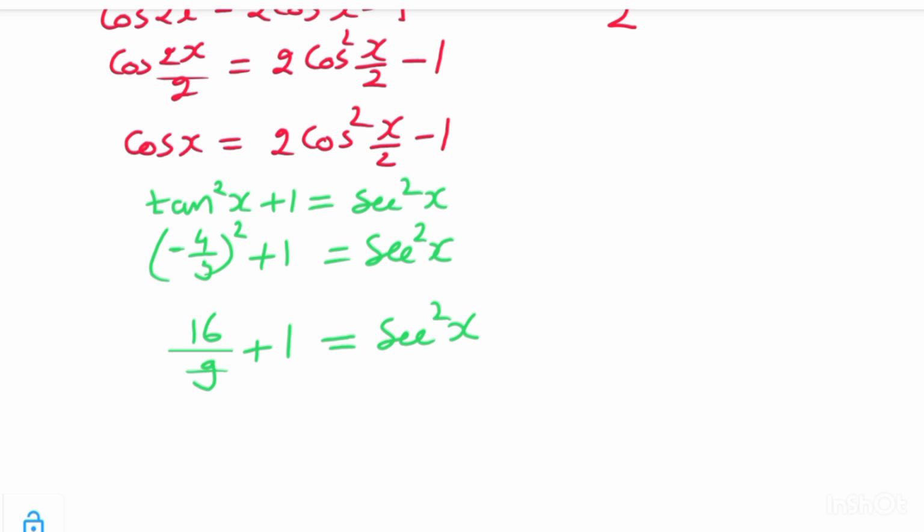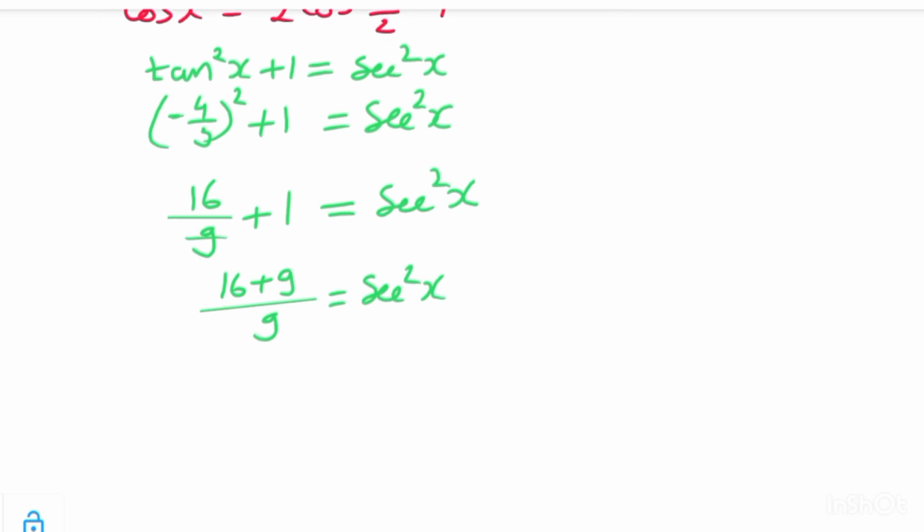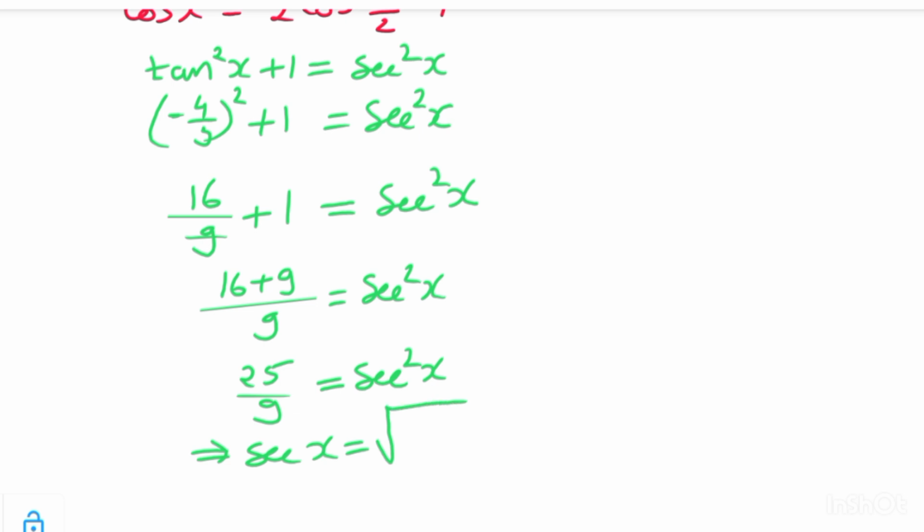Now we will take LCM. So we will get 16 plus 9 divided by 9 is equal to sec square x, and this will give 25 upon 9 is equal to sec square x. This implies sec x is equal to square root of 25 by 9, or this will be equal to plus minus 5 by 3, positive and negative, right?